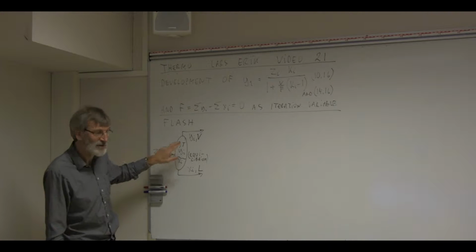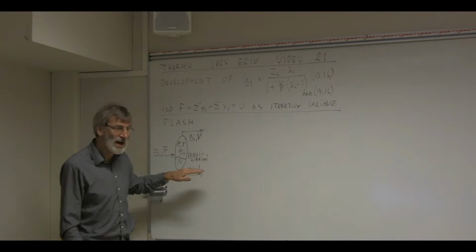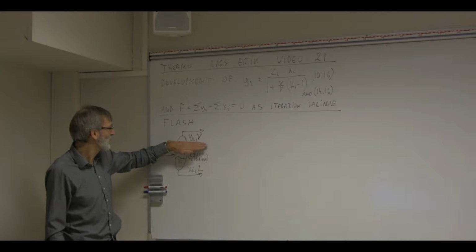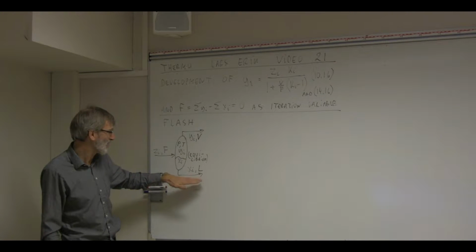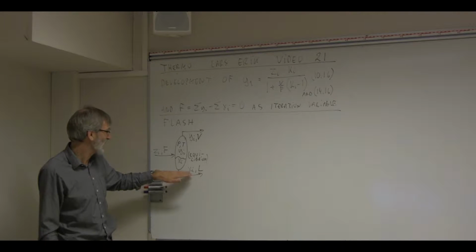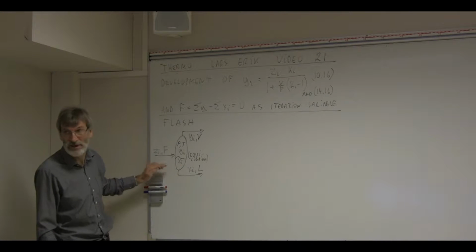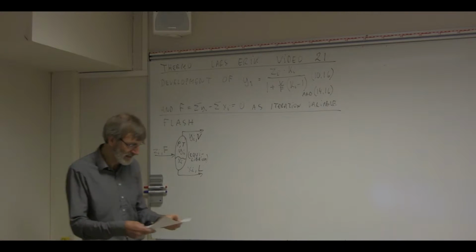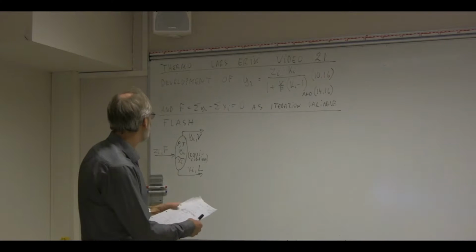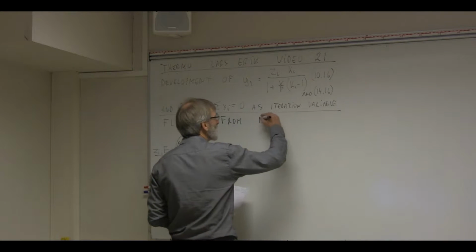Then we have a flash with a pressure and a temperature, and we have a vapor with a vapor composition with the y's, and we have a liquid with the liquid composition, the x's. And we assume that it is equilibrium between the vapor phase and the liquid phase. And then we start with material balances.